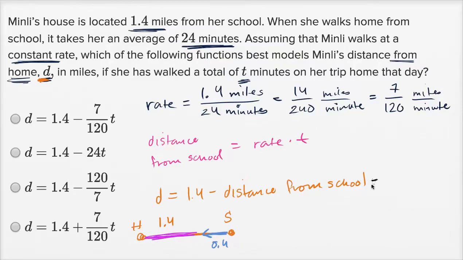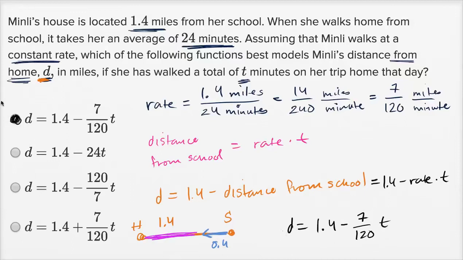Well, that's just going to be 1.4 minus the rate times the time. Well, what's the rate? 7/120th miles per minute. We got the units right. And so d is going to be equal to 1.4 minus 7/120th t.